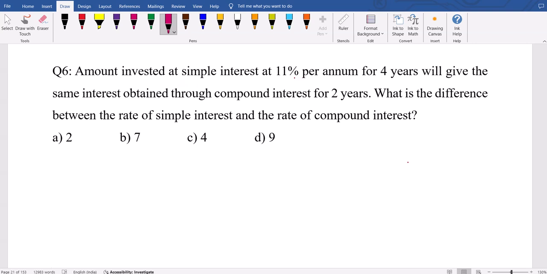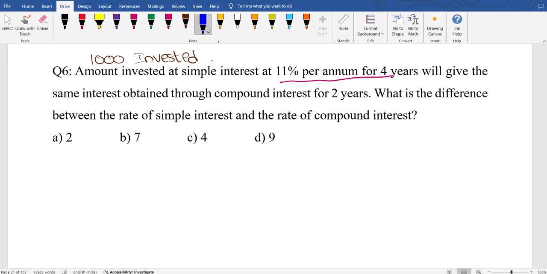The interest obtained at 11% per annum for 4 years is equal to compound interest for 2 years. Amount invested is not given in the question, so we can assume 1000 is invested.